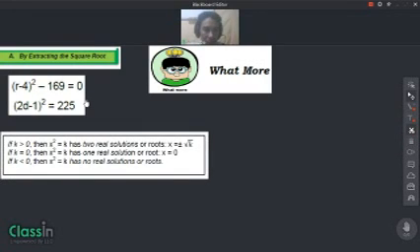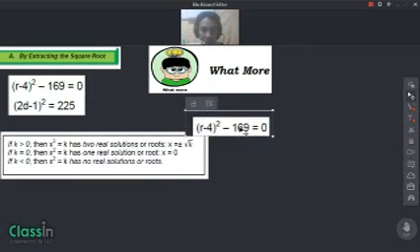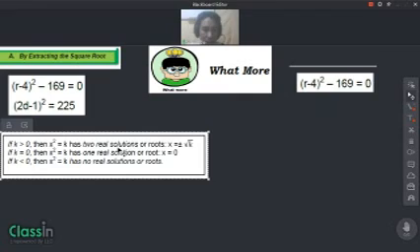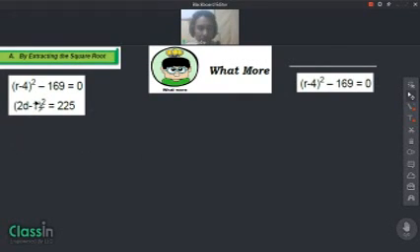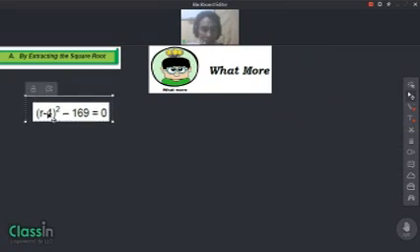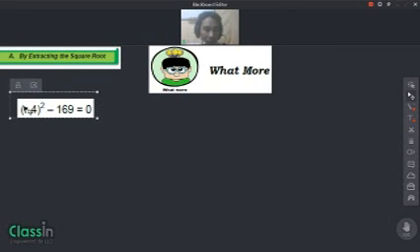Quantity r minus 4 squared minus 169 equals 0. So we're going to transform this into the form x squared equals k.